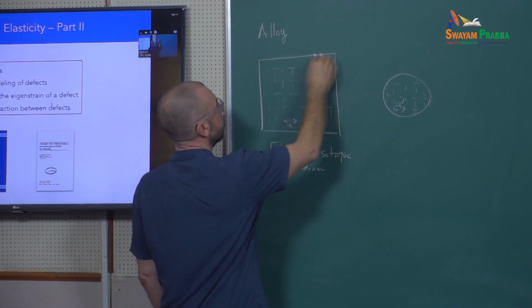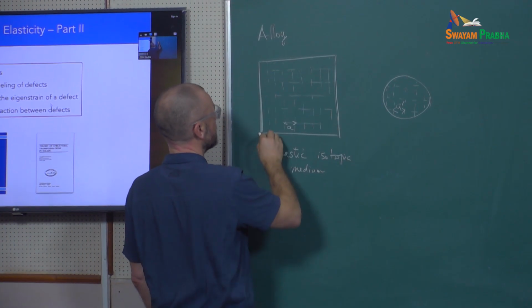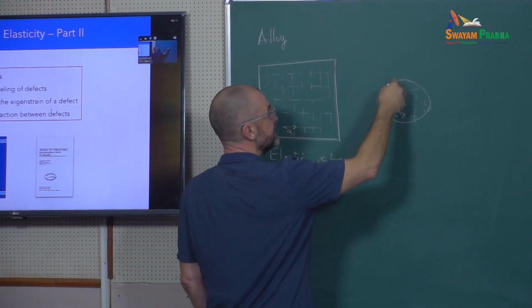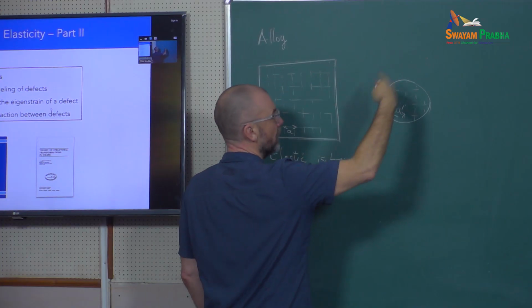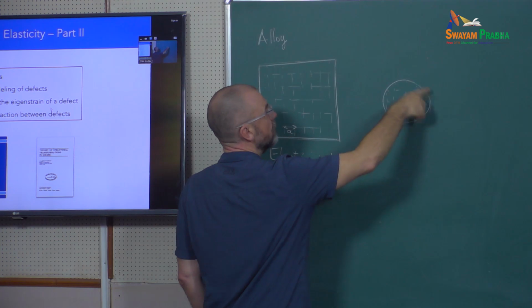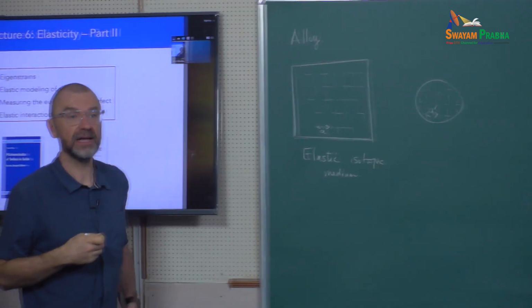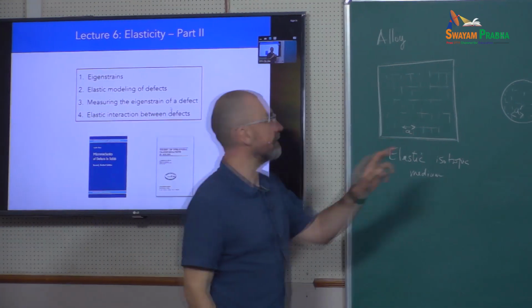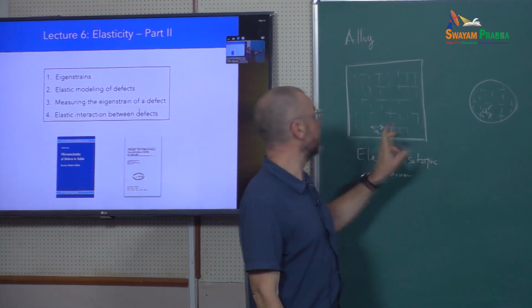I need to take a reference configuration. So that would be my reference configuration. And now it means that at rest, or when there is no elastic stress in the system, in the region inside the precipitate, the system wants to be deformed. It wants to have an A prime lattice parameter instead of A.